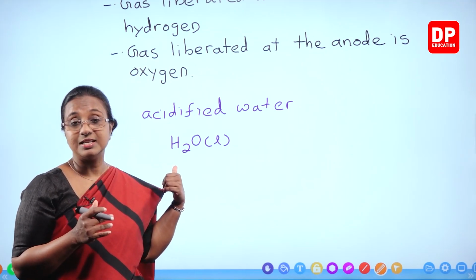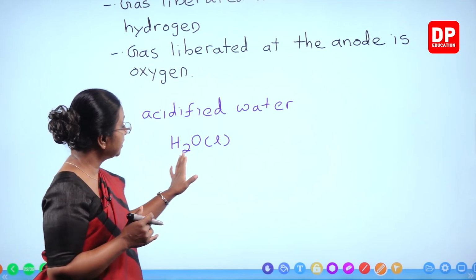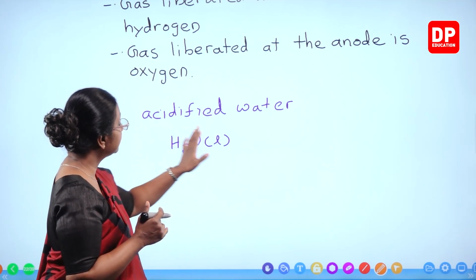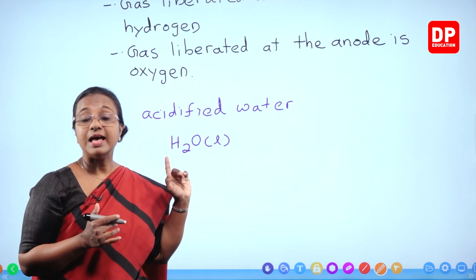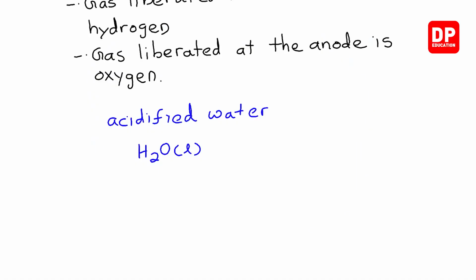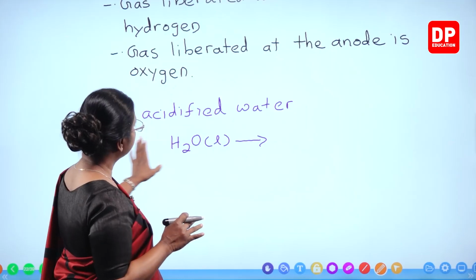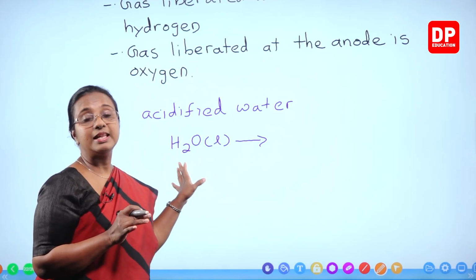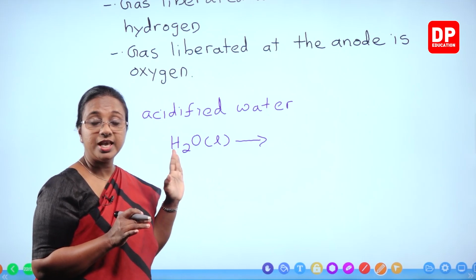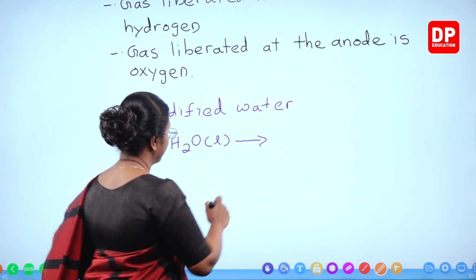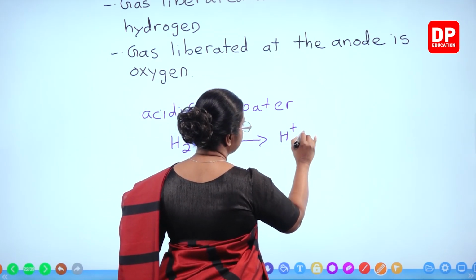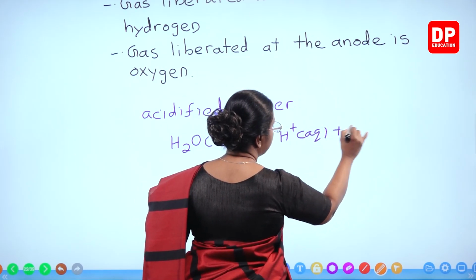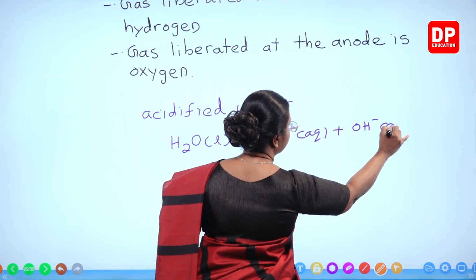Due to the acidification, we consider the water as dissociated, giving H plus aqueous and OH minus aqueous.